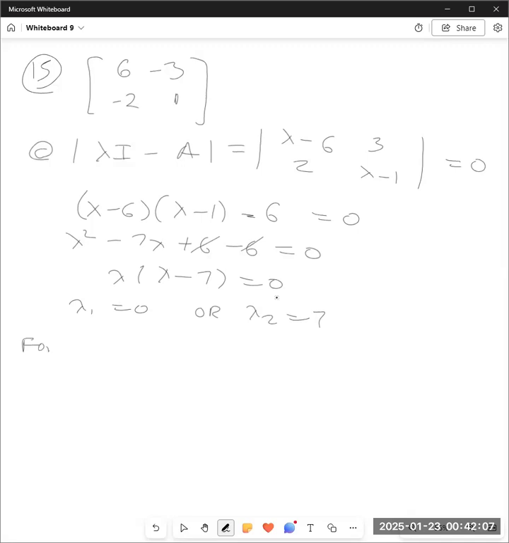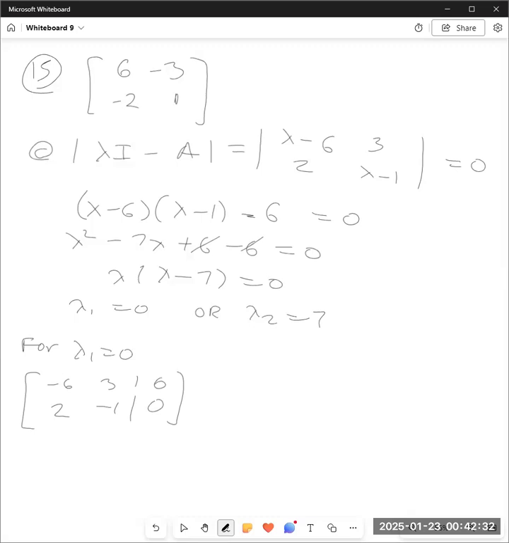For lambda 1 equals 0, coming back to this form right here, 0 minus 6 is negative 6, 3, 2, 0 minus 1 is negative 1. I'm going to augment that with the 0 matrix to find where my zeros are.